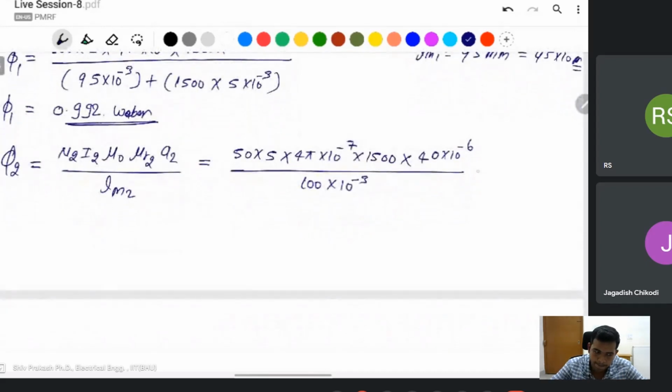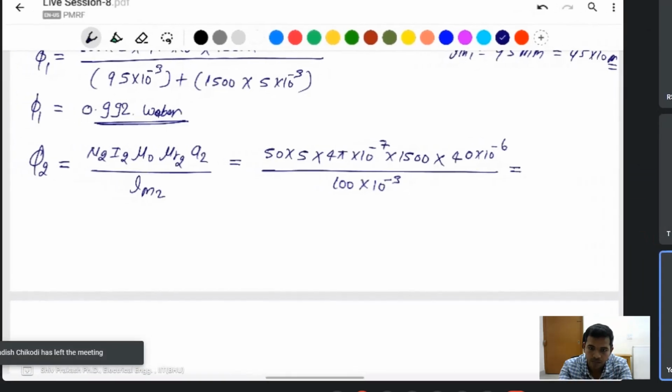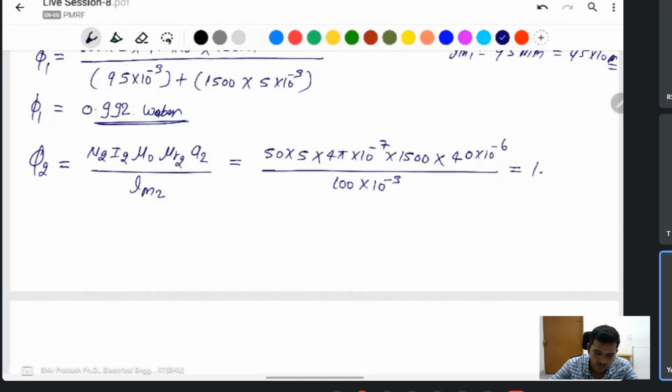You can calculate this one, which comes to 10 to the power minus 4 Weber.